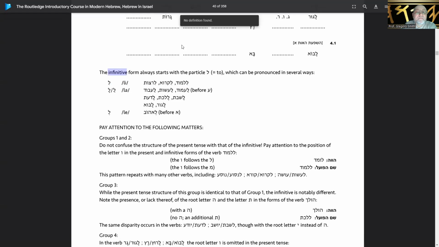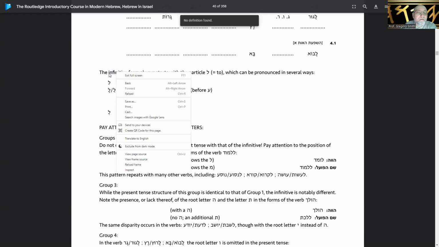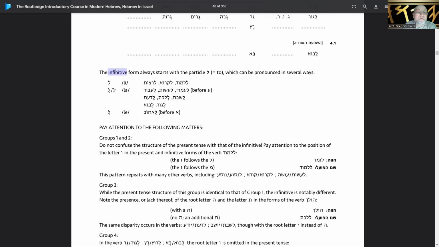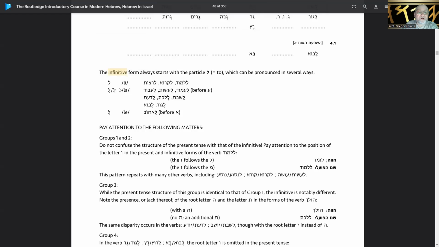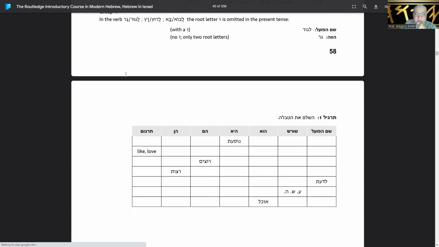Let's see if we can highlight that. There we go. We'll turn that yellow. So let's see what else we have in here.